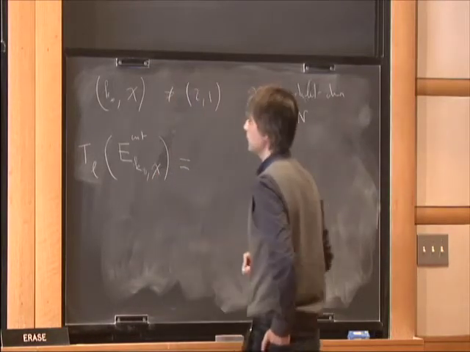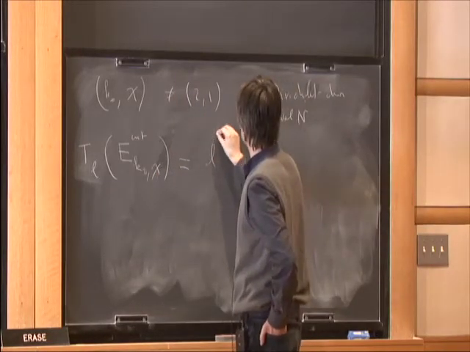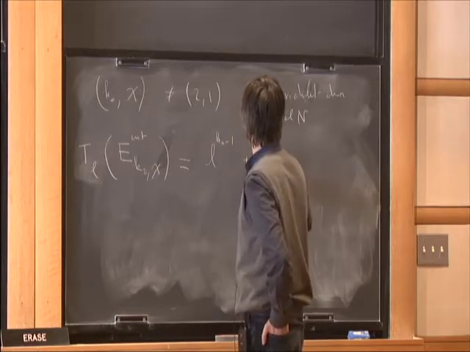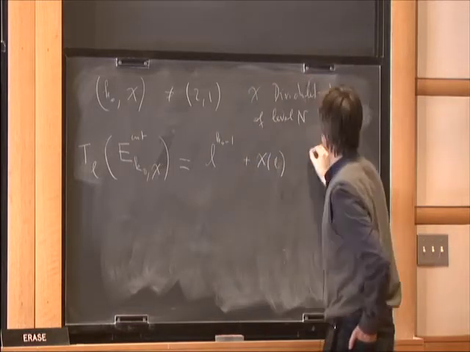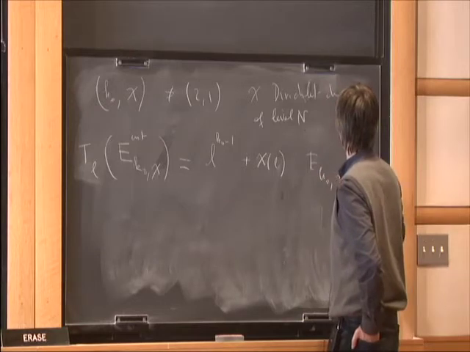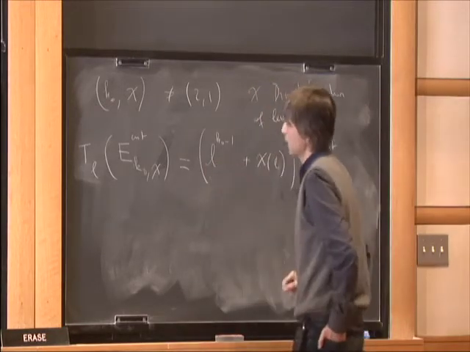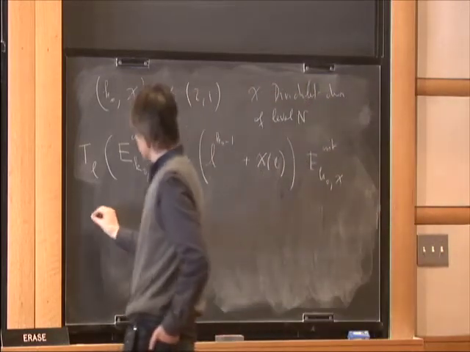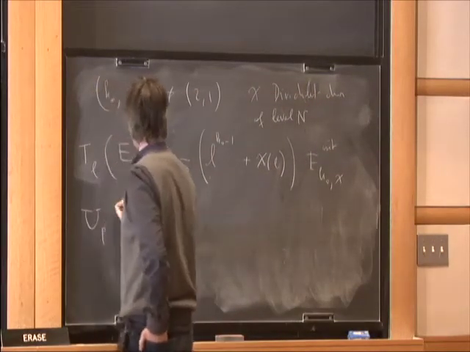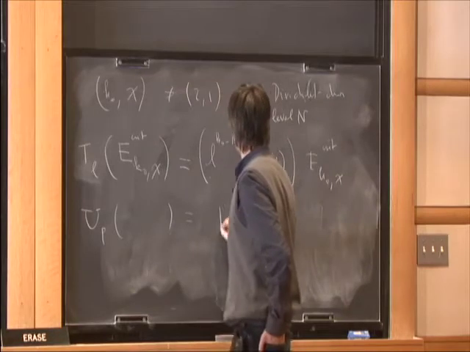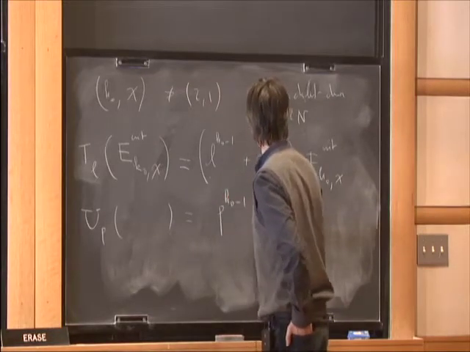So what you get is l^(k naught minus 1) plus chi(l), and if you apply the U_p operator, you get p^(k naught minus 1).